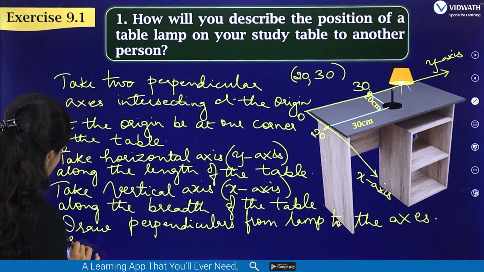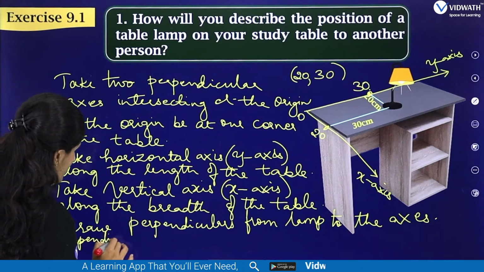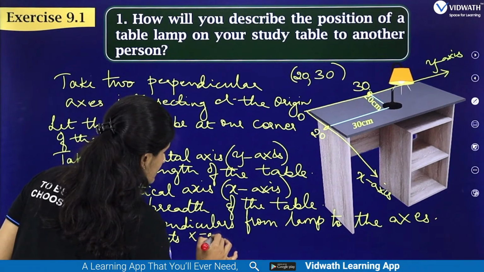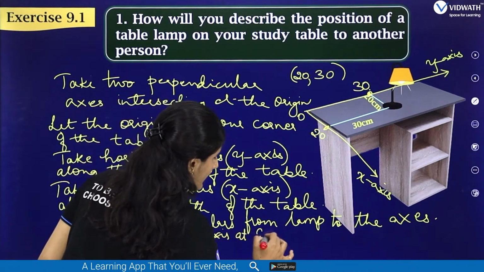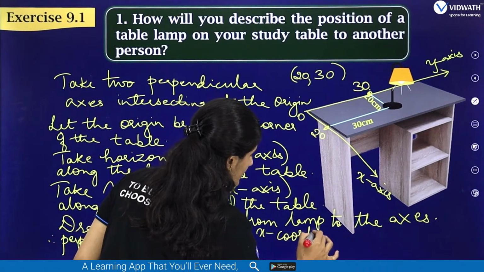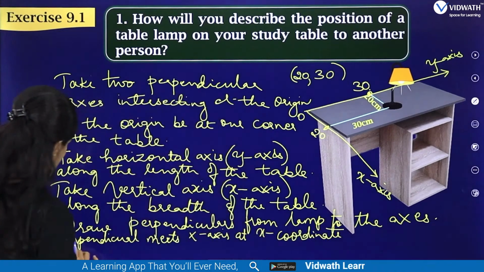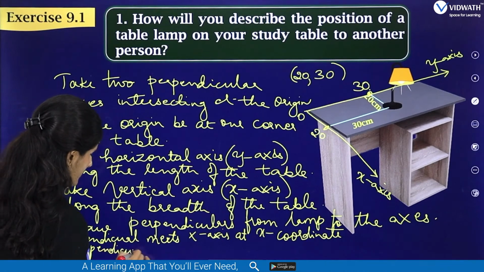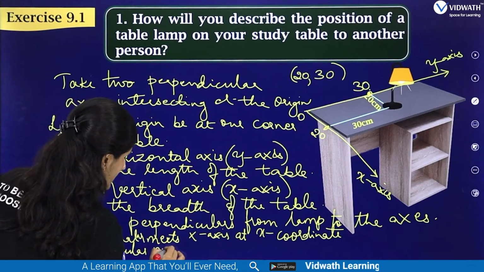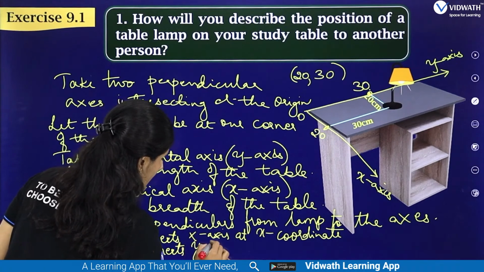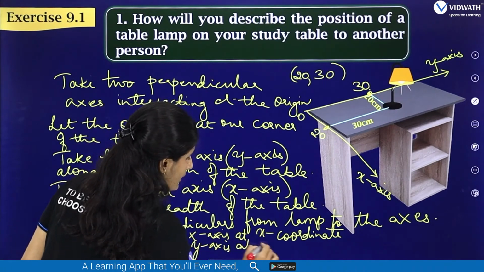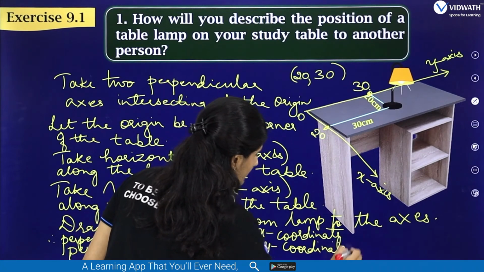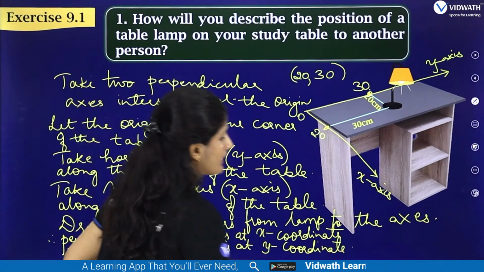Therefore, the perpendicular meets the x-axis at the x coordinate and the perpendicular meets the y-axis at the y coordinate. So hence we have now the x coordinate and y coordinate.